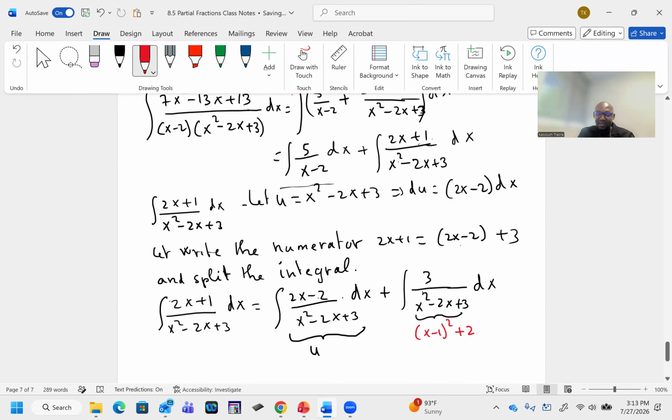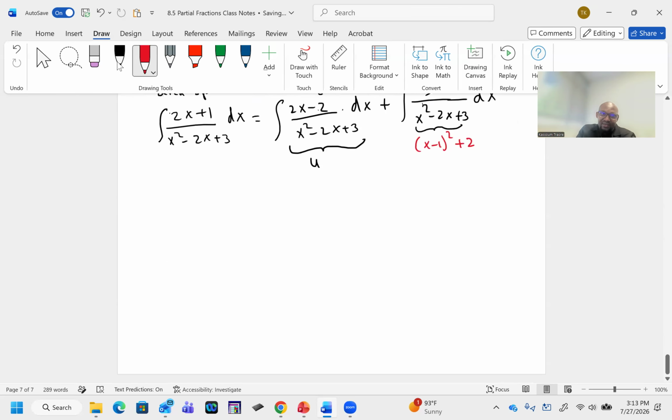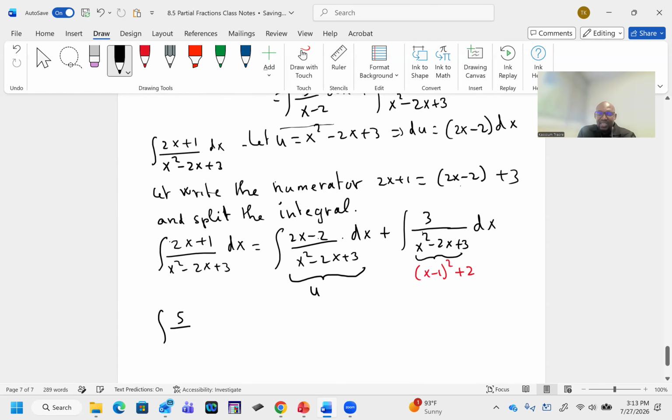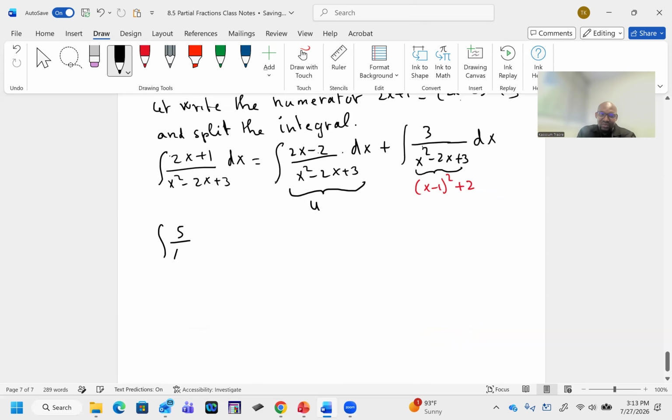Okay, so that is why we did this since the beginning. So now I'm going to write everything. I have 3 integrals now, right? So the first one is the integral of 5 divided by x minus 2 dx. Let me write this down so it doesn't get stuck.